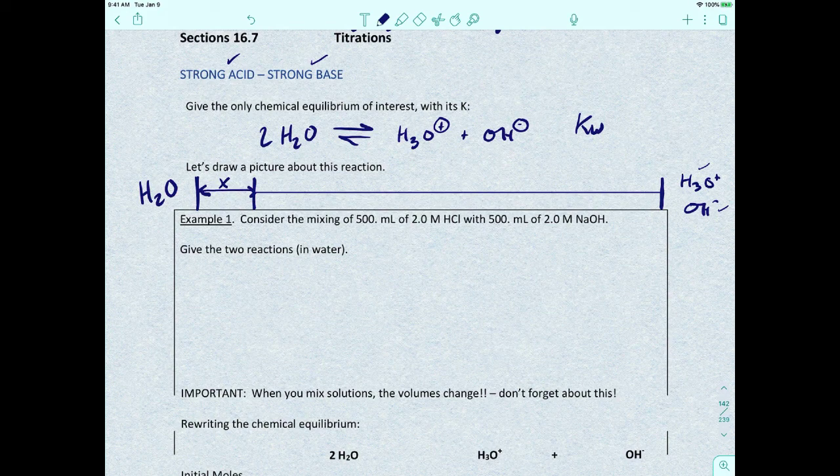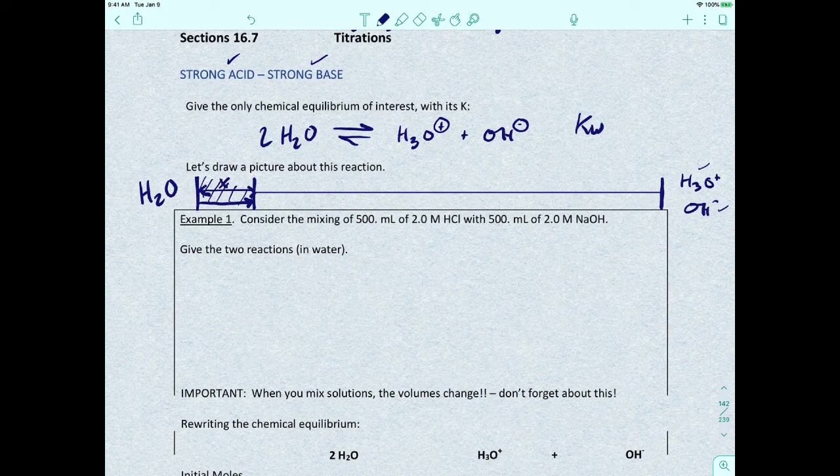That's what we solve for. Usually we're just starting with all reactant and finding the X. In this case, we're going from the opposite side, from all products. How do we solve for X right here? That's what we're going to do.